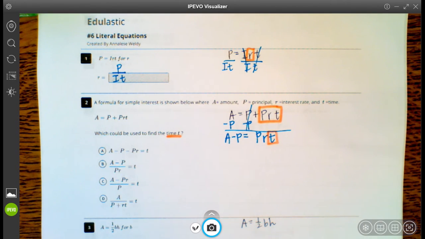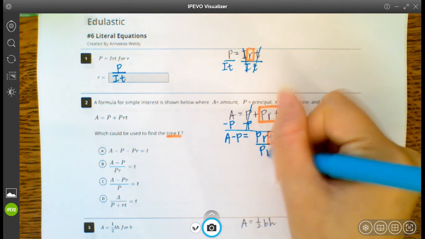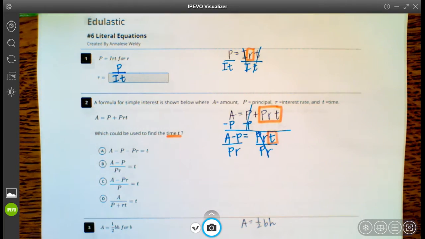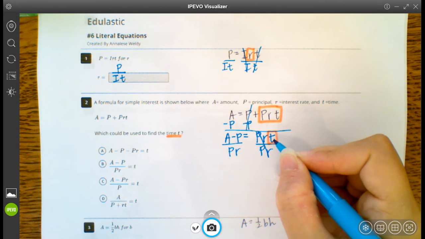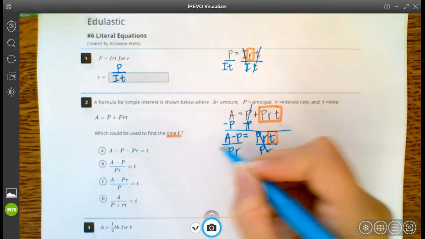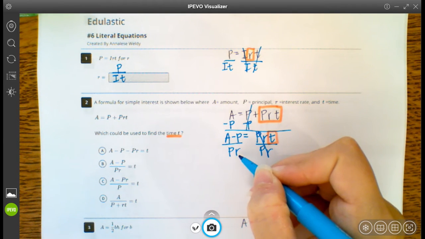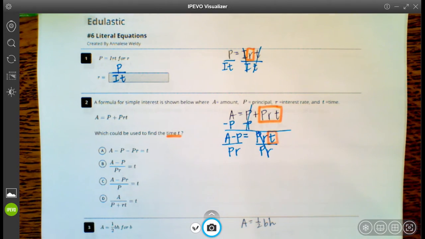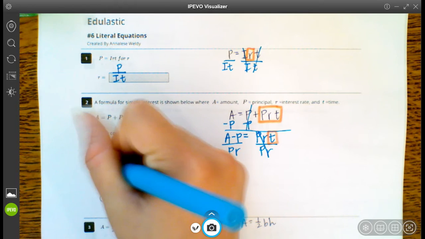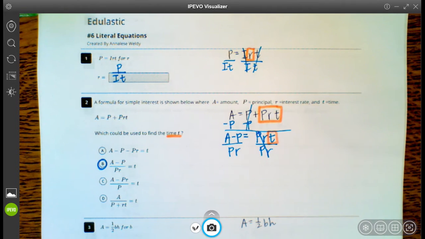So P and R are sitting directly beside T, which means that we're multiplying by them. So to undo multiply, we divide. Now, when we divide PR from both sides and we get T by itself on the right, then we have our answer. So A minus capital P all over capital PR is our solution. It's our answer for T. And as you look through your answer choice options, that seems to be letter B.